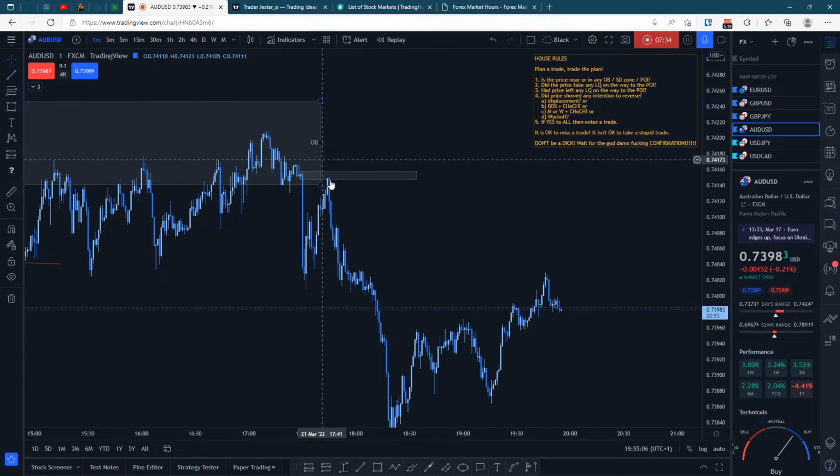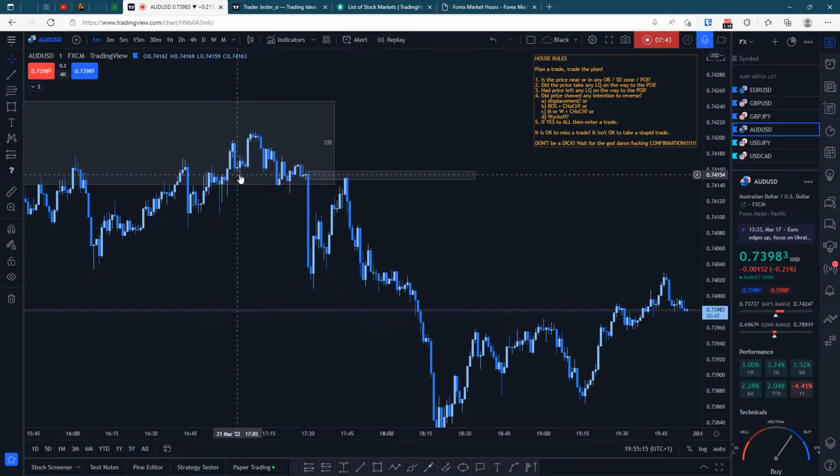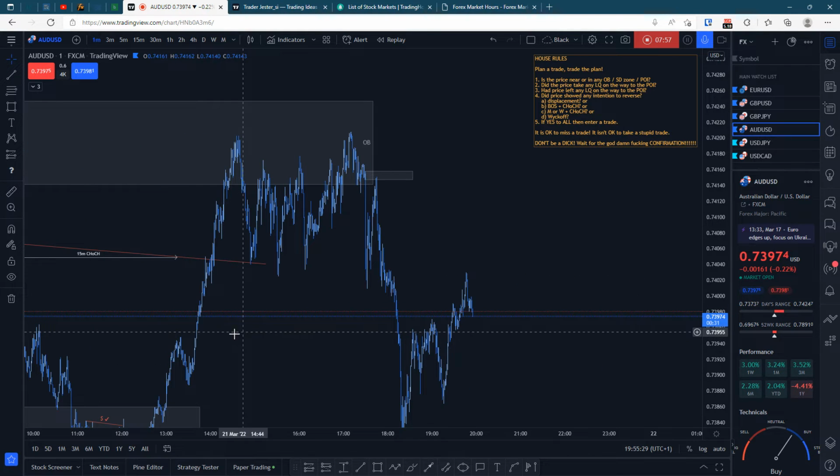Not here, this would be even better, but I entered after the price broke this low here. This was the last up move before the down move that broke structure, and on the pullback I entered somewhere here and I held it until the start of this zone here.